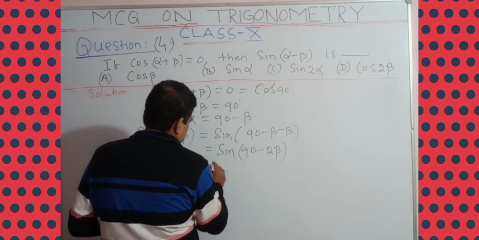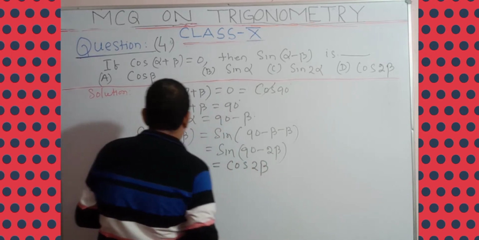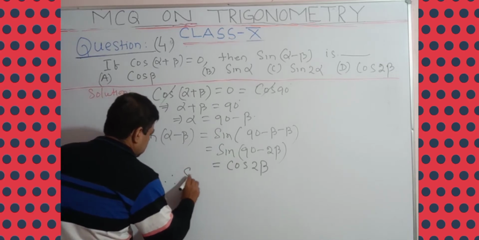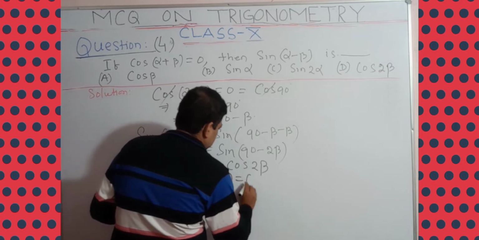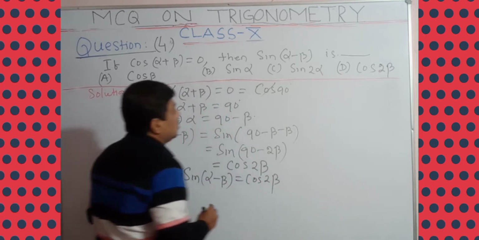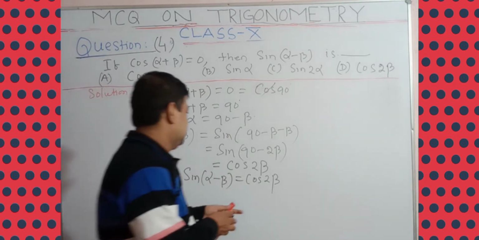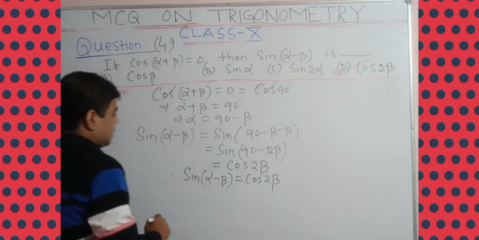Cos theta. So here cos 2 beta. Hence we got sin alpha minus beta is equal to cos 2 beta. Understand? So here the option is what? Hence the option is D.